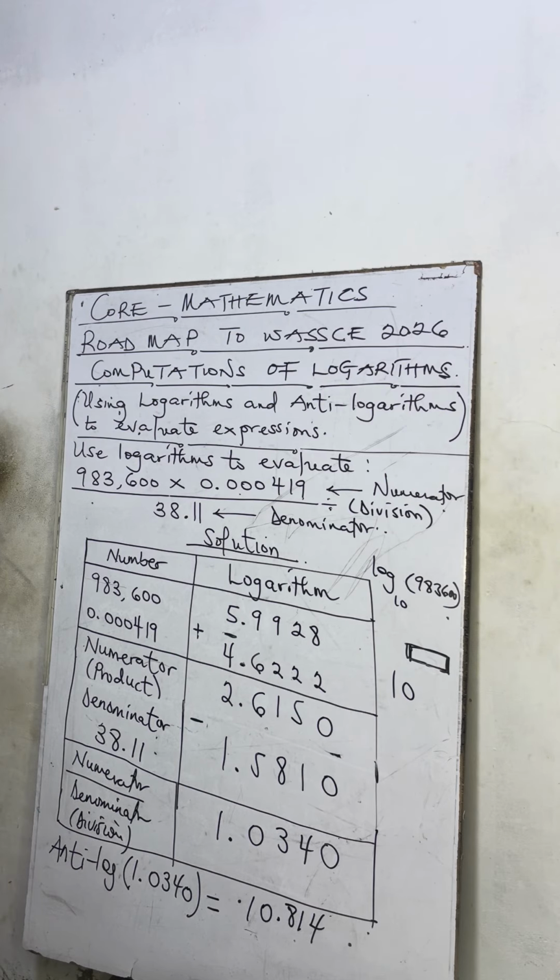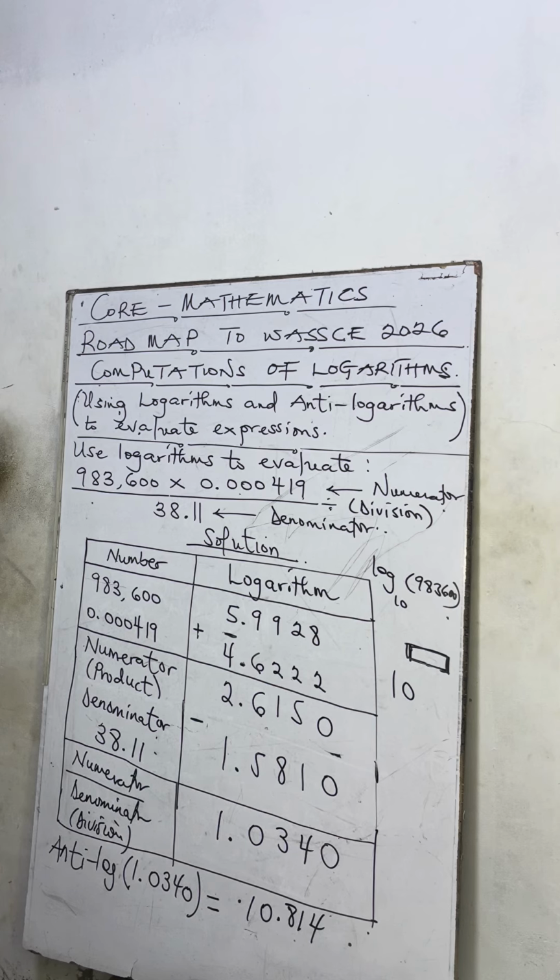So let's see. 983,600 times 0.000419 all over 38.11. And we'll get 10.8141801. And indeed, it is correct.